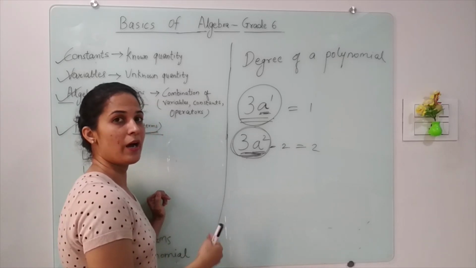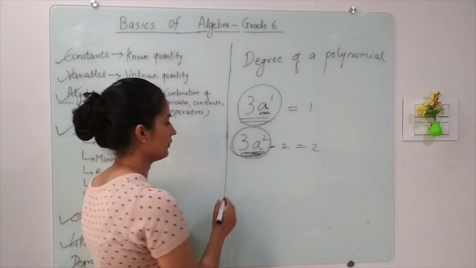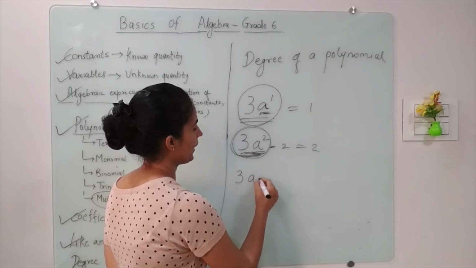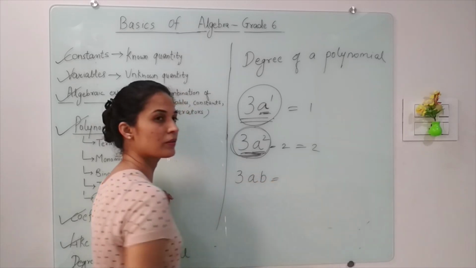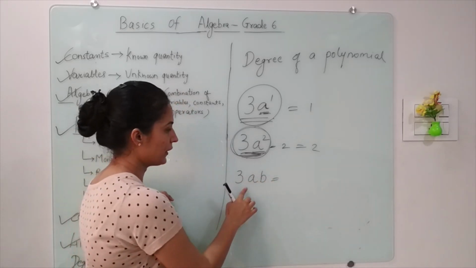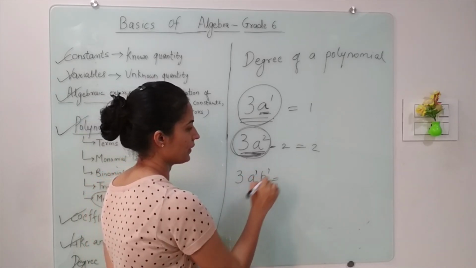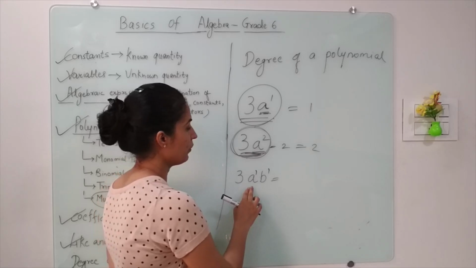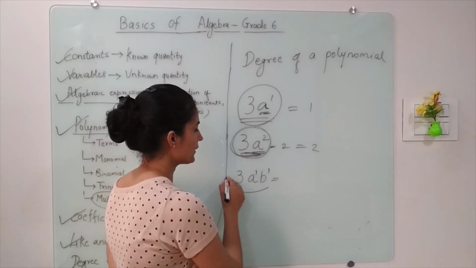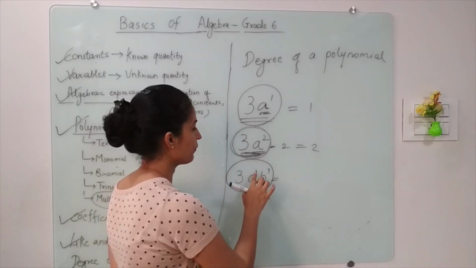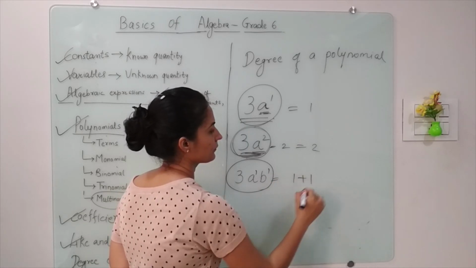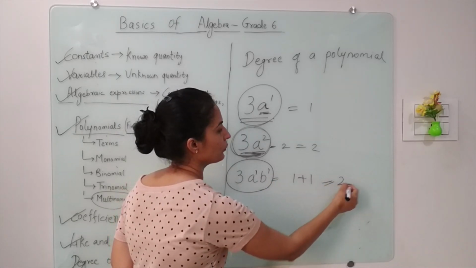Now let's try to have more variables in the term. Let's take the example of 3ab. Now the degree of a is 1 here. The degree of b again is 1. So the degree of this complete term is 1 plus 1, which is equal to 2.